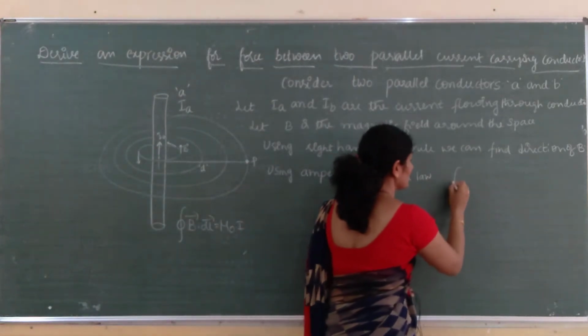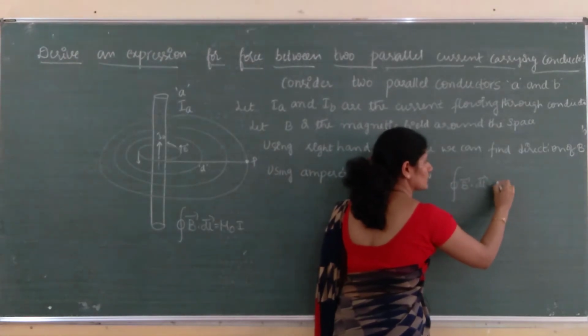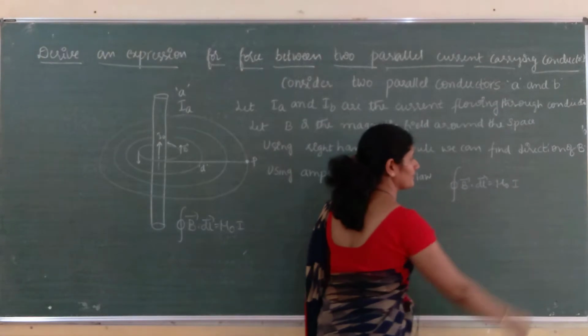According to this law, the closed line integral of B vector dot dl vector is equal to mu naught into I.